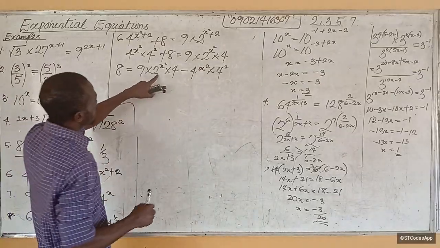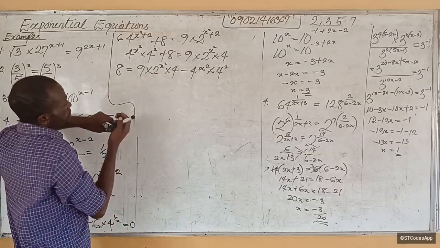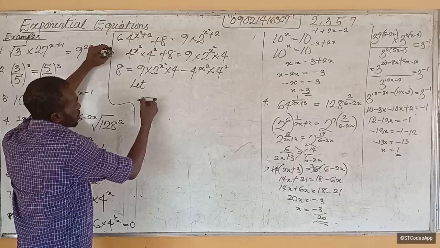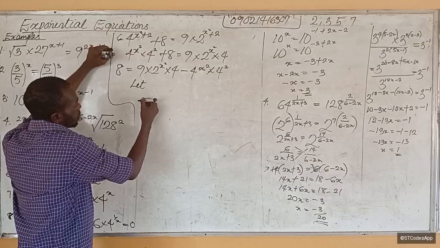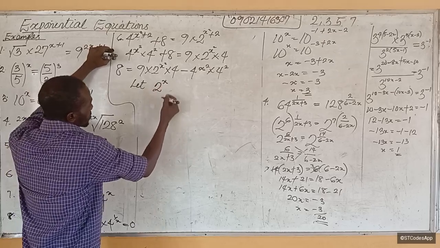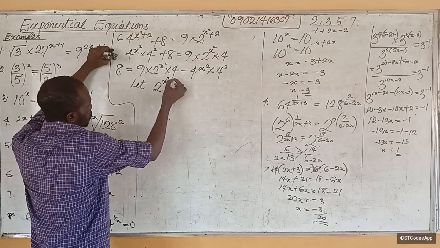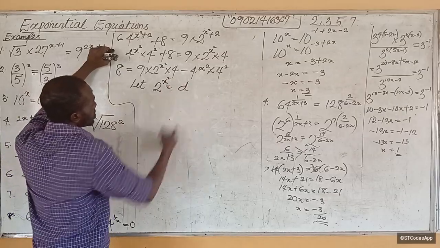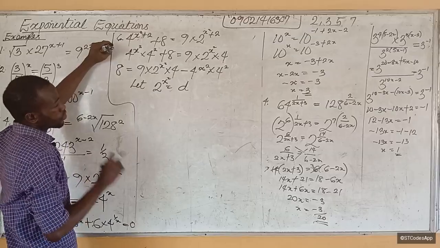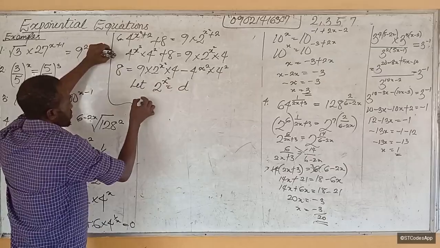Watch. There's something else I could do here. So I could say that let 2 raised to power x squared, let's make it d. Is that clear? 2 raised to power x squared, let's make it d. So if we make it d, let's first re-express this one in terms of that 2.